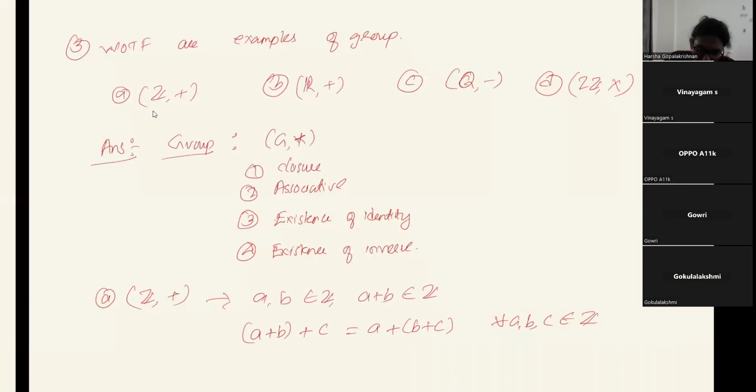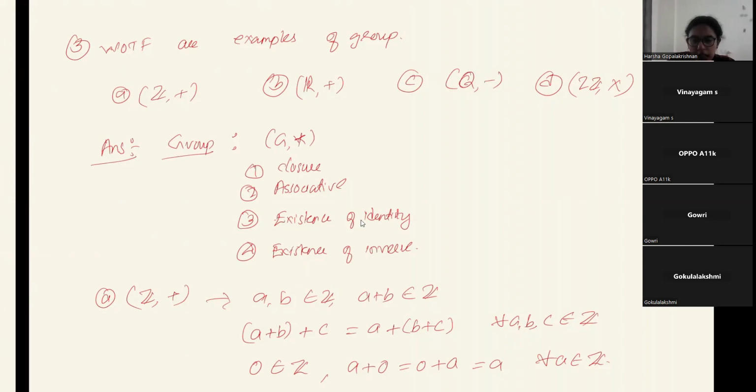Zero. 0 is the additive identity. 0 belongs to Z, and for any element A, A plus 0 equals 0 plus A equals A. This is the condition for the identity, for all A in Z. So there exists an identity in Z.